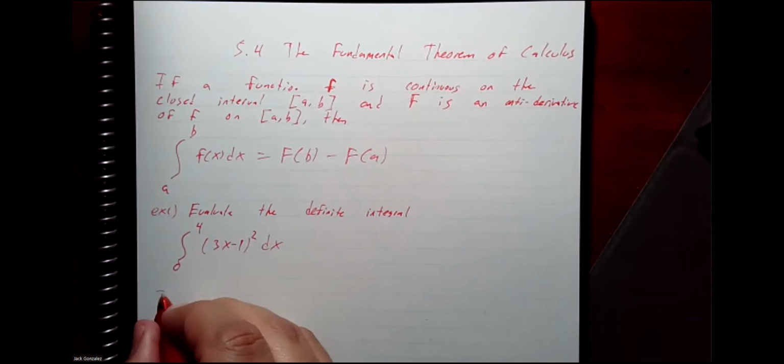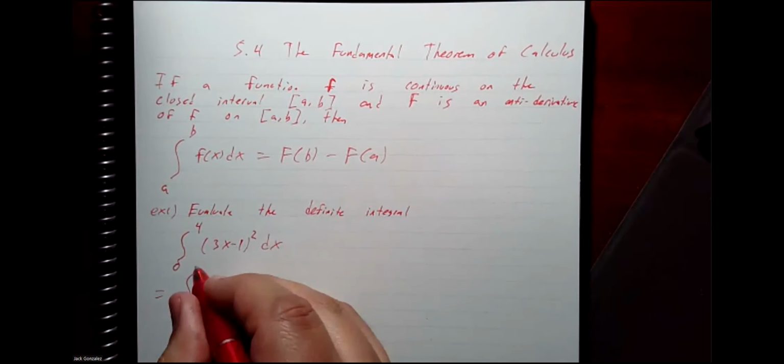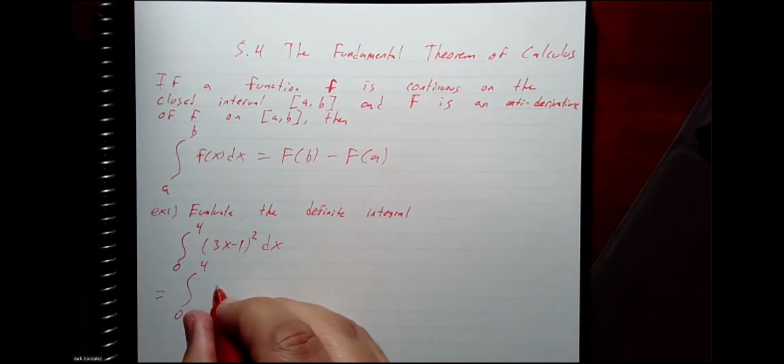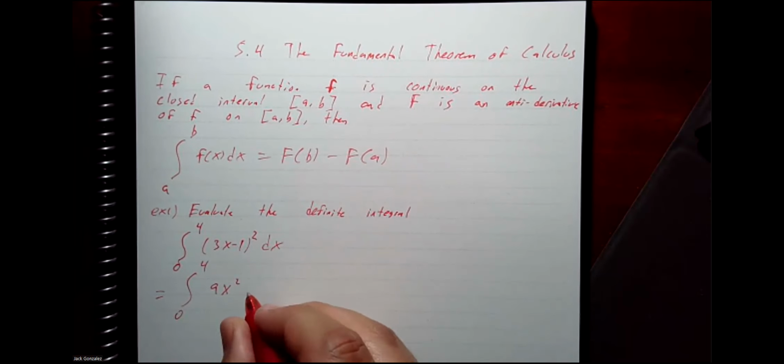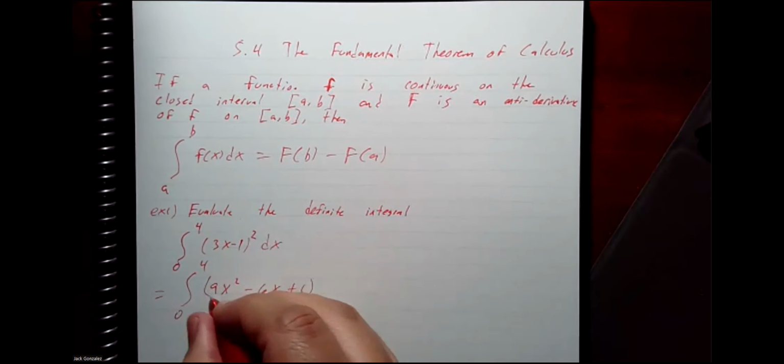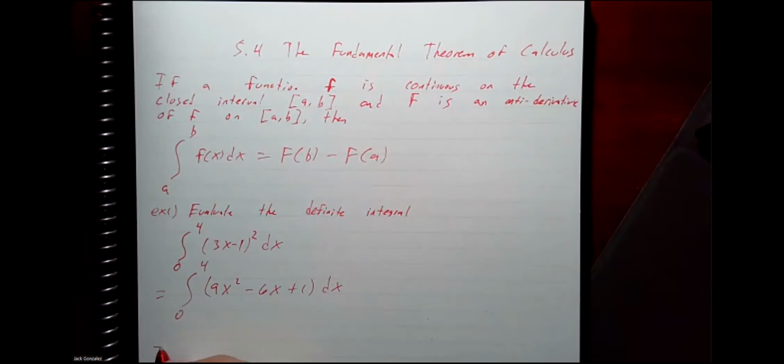So what I recommend is first multiply that out and then find the antiderivative. So (3x minus 1) squared is going to be 9x squared minus 6x plus 1 dx. So integrate each term one at a time.